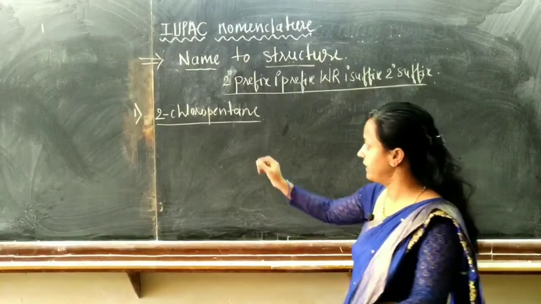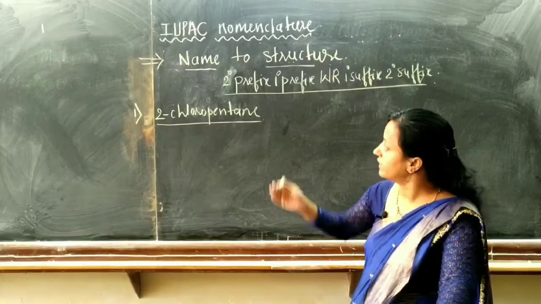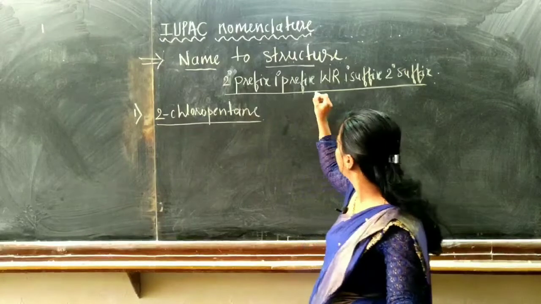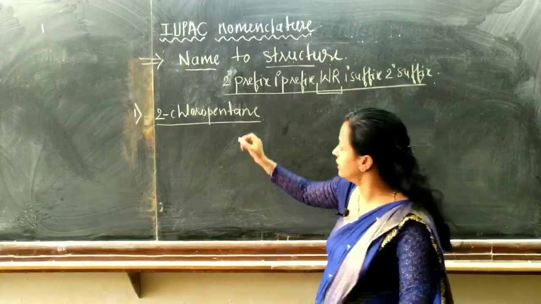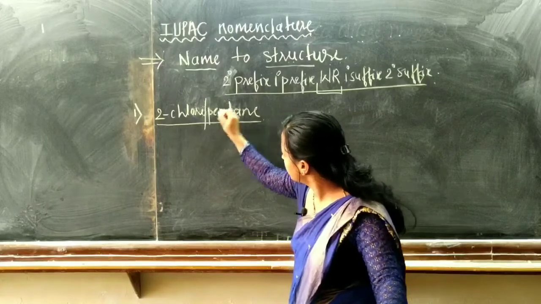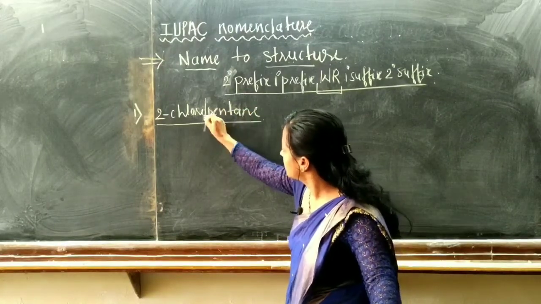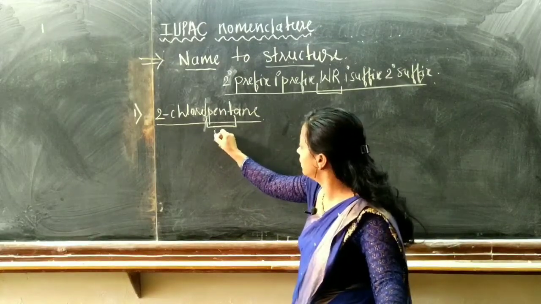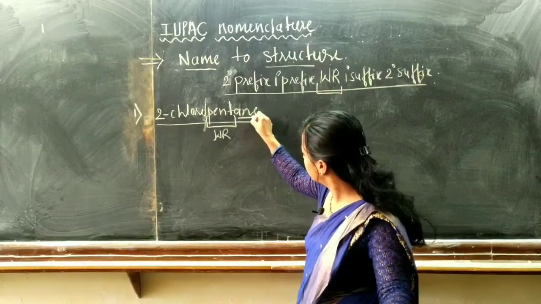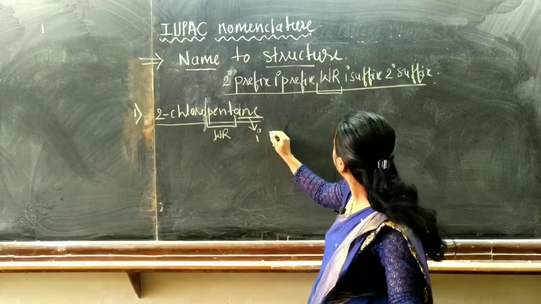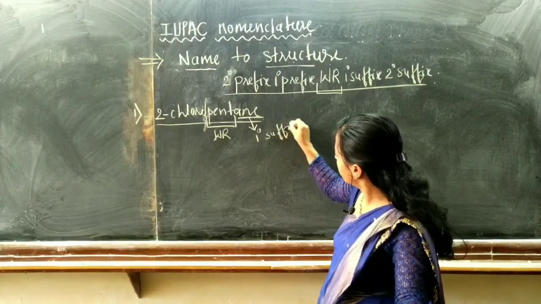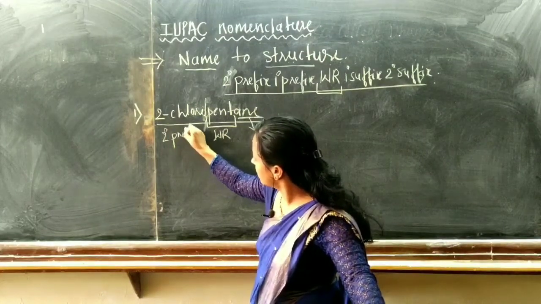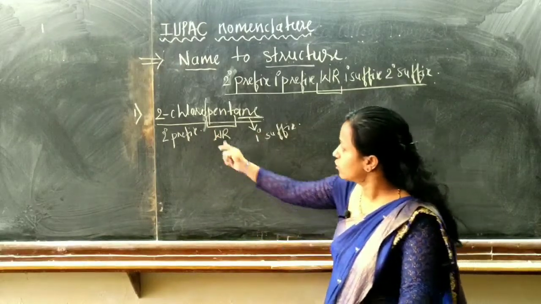If 2-chloropentane is the example given, write its structure from this name. So how to write that structure? First we have to find the word root. Here this is our word root, this is our primary suffix, and this is our secondary prefix.